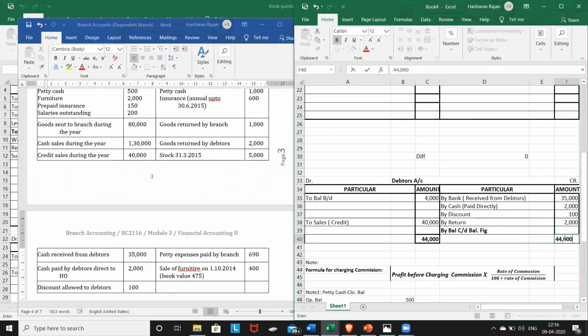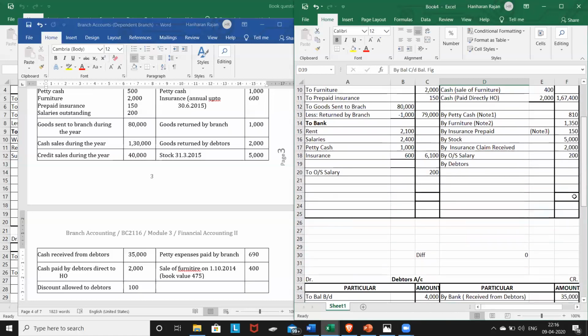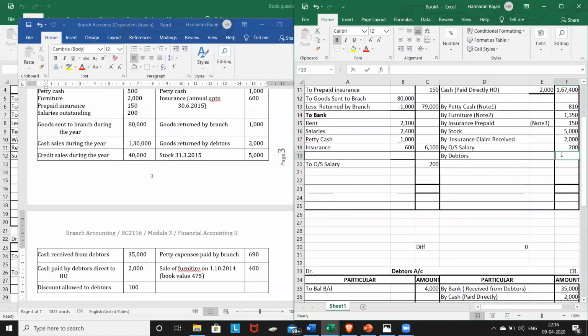If you check, what is the total? This is somewhere around 39,100. So the difference is 4,900. Use your calculator. So I got 4,900, the balancing figure.